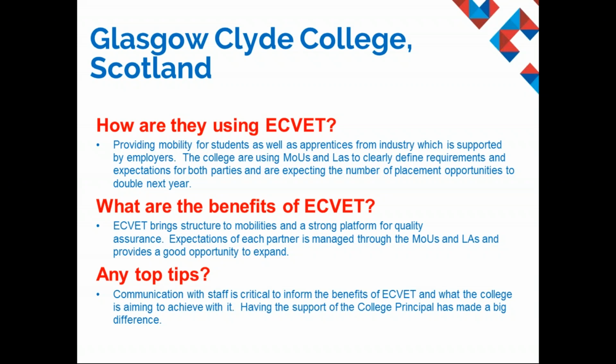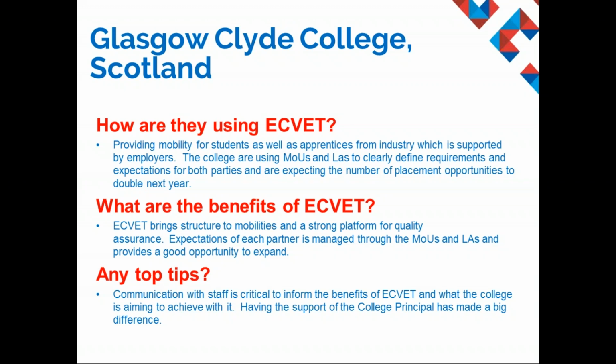One interesting aspect of how they're using ECVET is within KA2 projects. Although mobility is primarily for KA1, some KA2 projects allow mobility within them. So within 2 KA projects they're involved with, they are using the ECVET structure to create detailed learning agreements and memorandum of understanding, and with their project partners have created a series of small 12-hour units of learning written as learning outcomes.